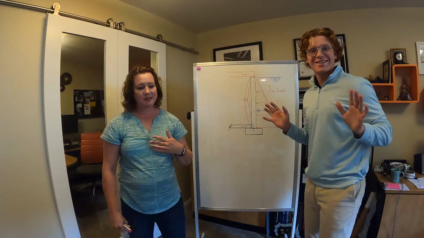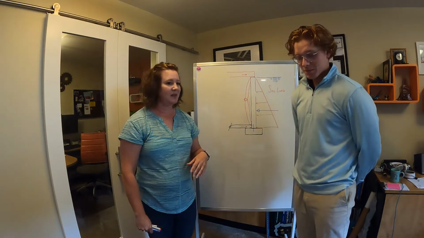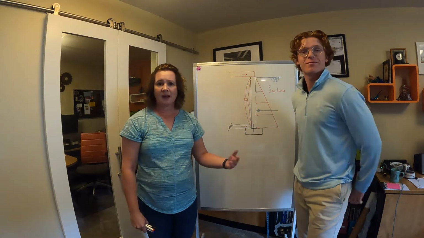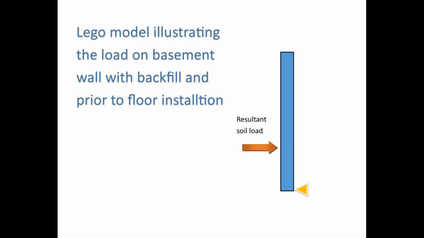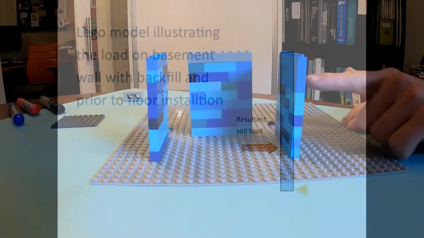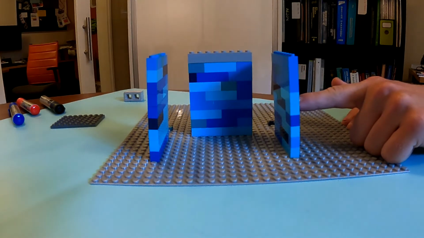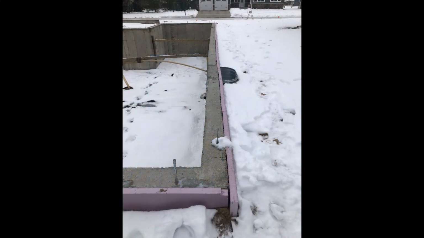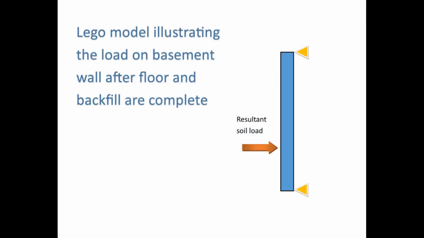Connor and I spent some time creating a model out of Legos, because everyone loves Legos, to further illustrate how this works. Our first Lego model shows a wall that is unrestrained at the top, under what would simulate a soil load. This photo shows a wall that moved at the top once backfilled.